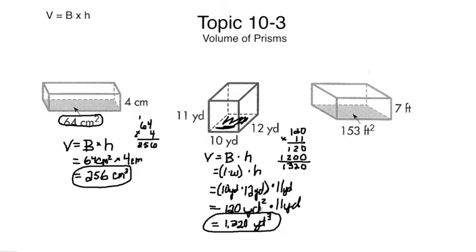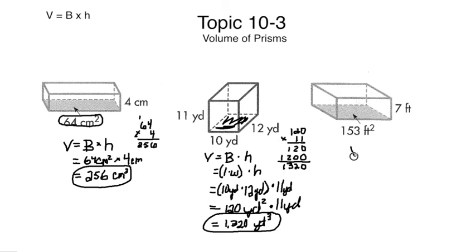Okay, let's do the third one. But don't forget, they give us the area of the base. So we don't have to put in this formula because they already did the length times the width to get 153 feet squared. So go ahead and push pause and see what you come up with for the volume.